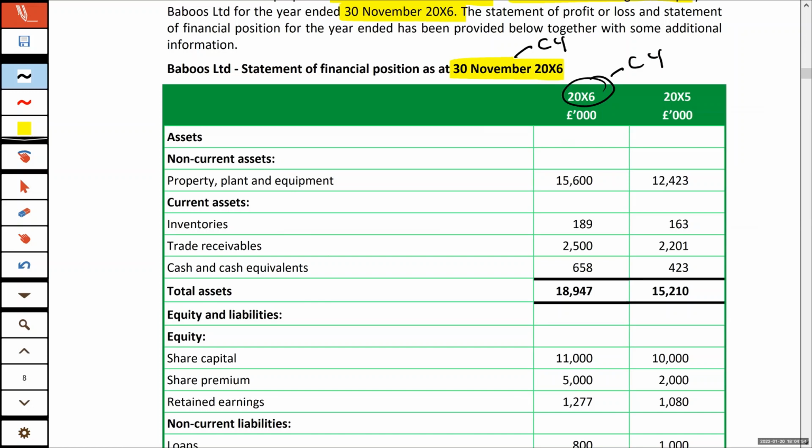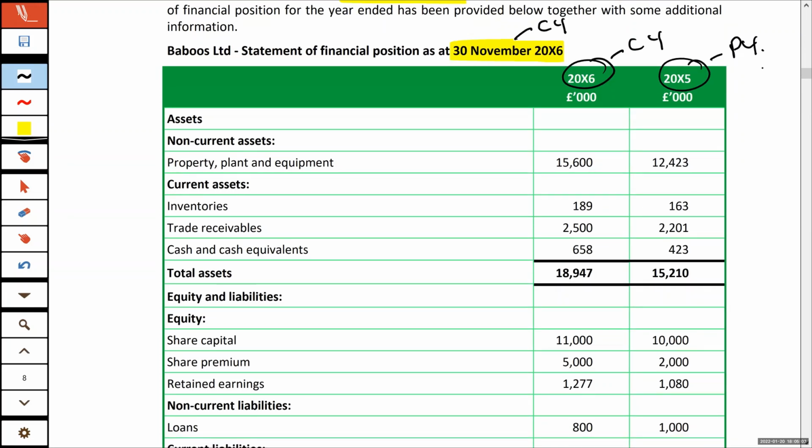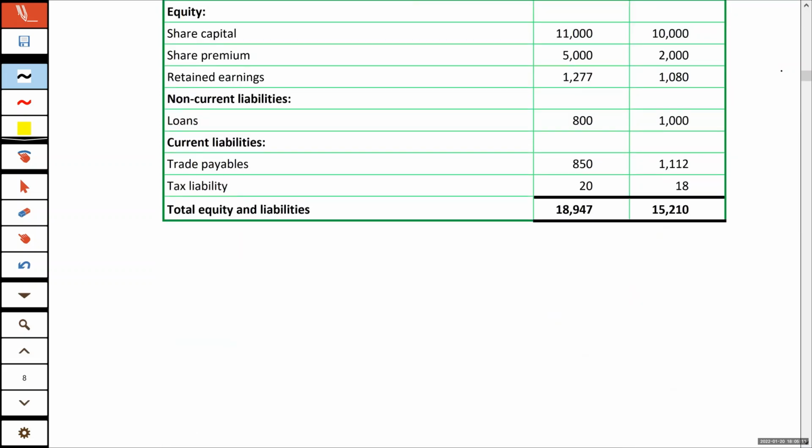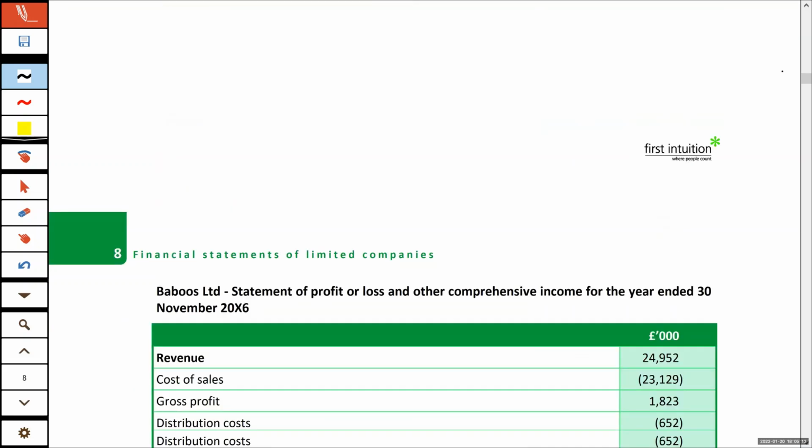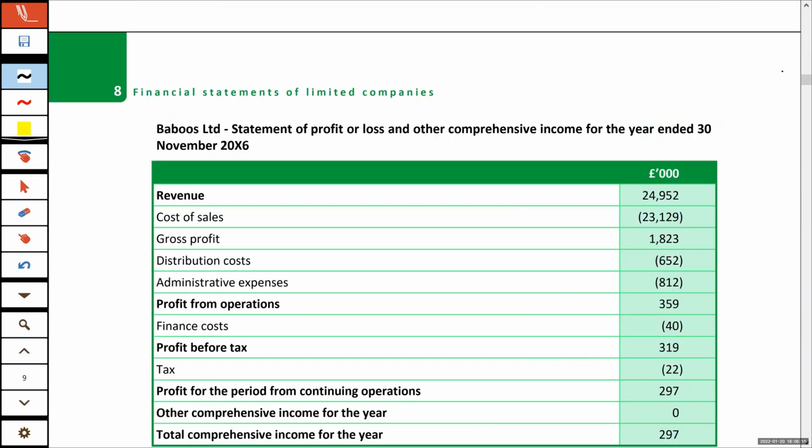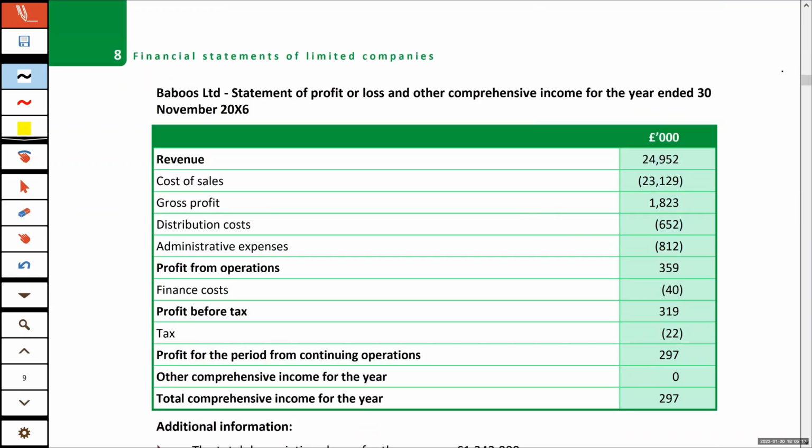What about 20x5? That would be my previous year. So here we've been given details of what happened in X5 and what assets and liabilities we have in X6, which is all good. And we've also been given a statement of profit or loss for X6.